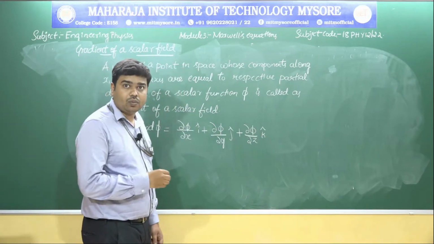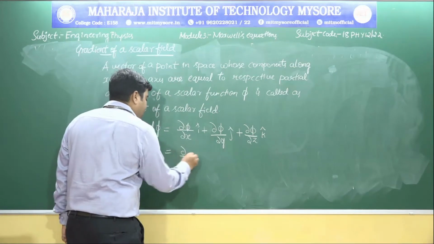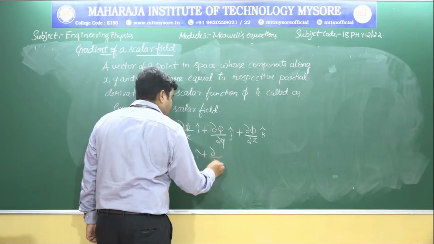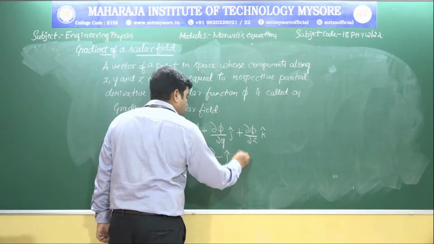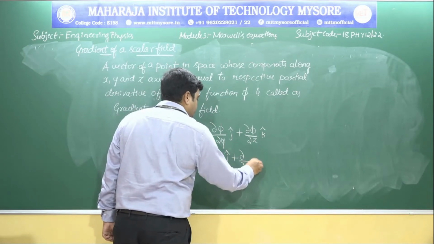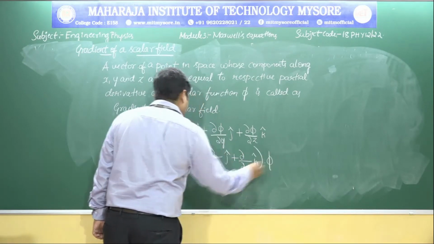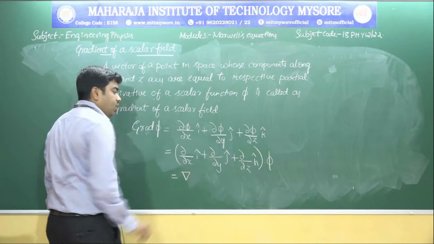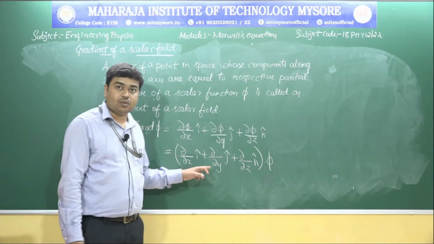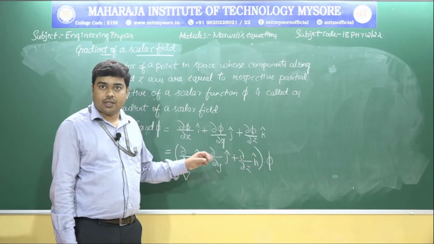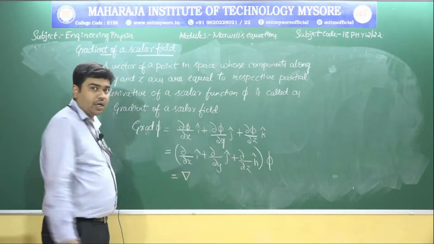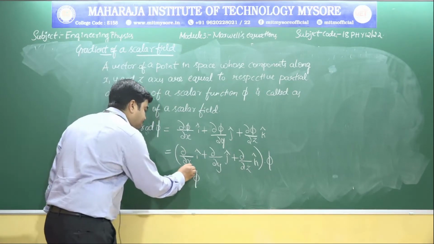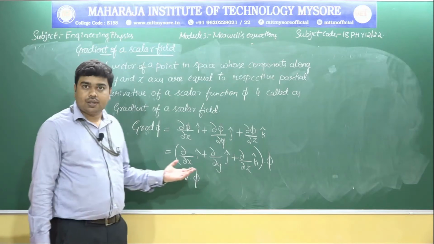Well, this equation can also be written as dou by dou x into i cap plus dou by dou y into j cap plus dou by dou z into k cap dot phi, or this whole sum of partial derivatives along x, y and z direction can be called as operator del. We can write del phi.